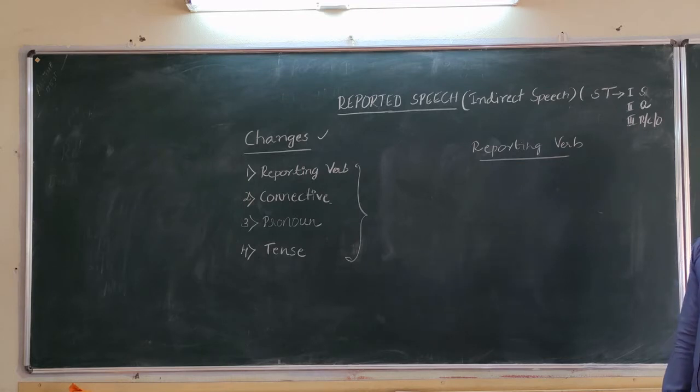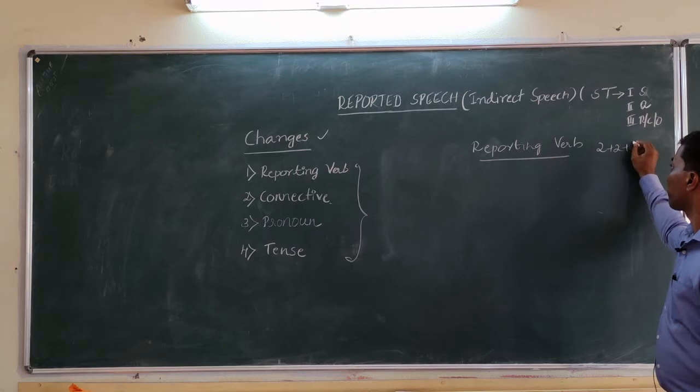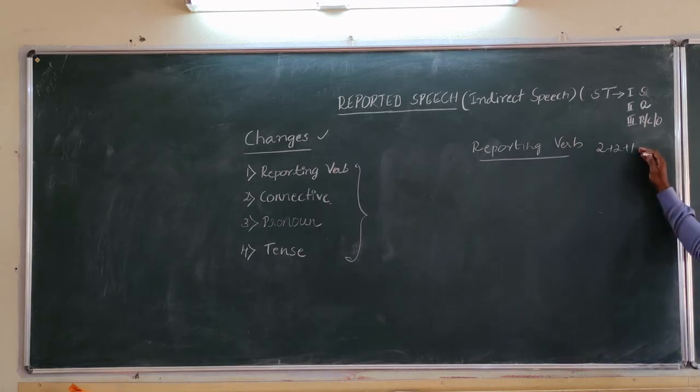First type 2, second type 2, and third type 1. So the idea is 2 plus 2 plus 1: two statements, two questions, and the last type is a request or a command or an order.